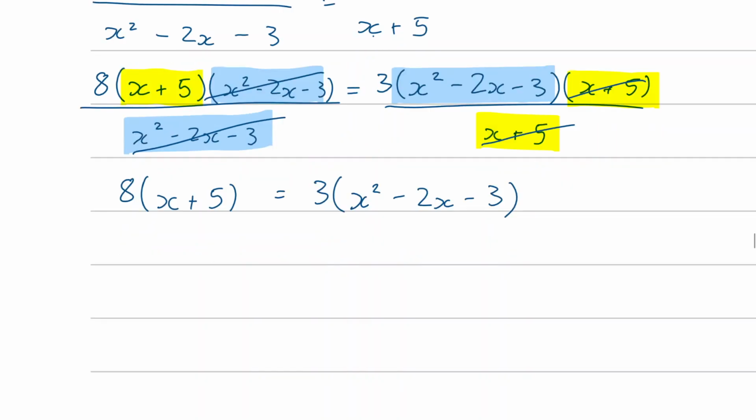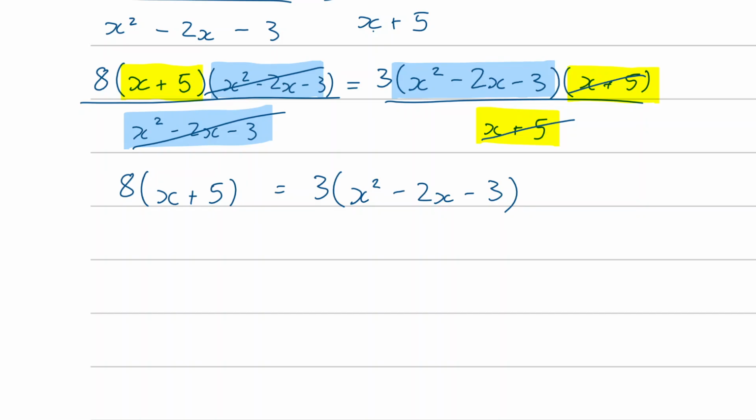Okay, from here we can expand and group like terms again. So we have 8x plus 40 equals 3x squared minus 6x minus 9. Looking at this, we have a quadratic. You might be thinking, all right, let's factorize.